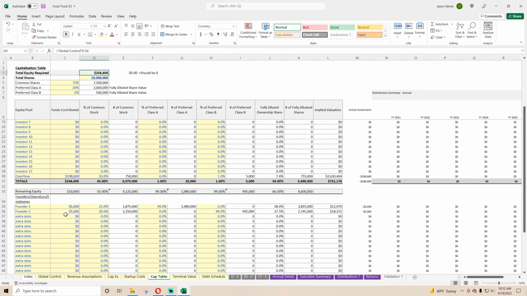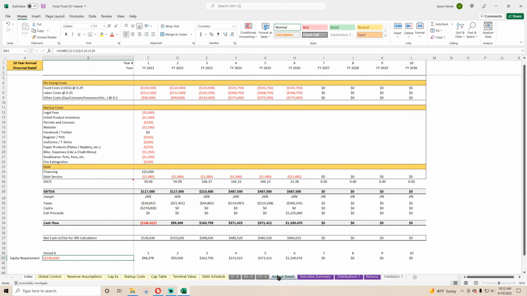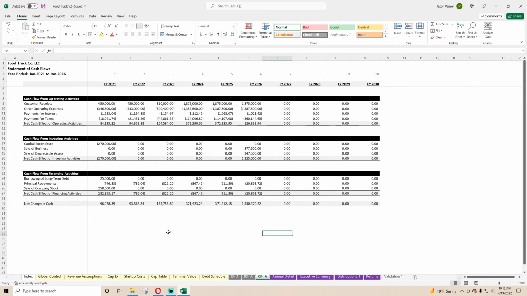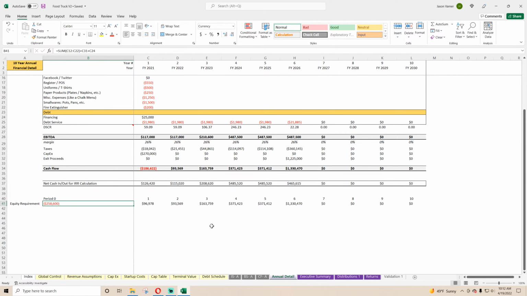You can define contributions here. Let's see, cash flow's got that. Just make sure we all match up now. And this could actually be an internal rate of return calc as well.